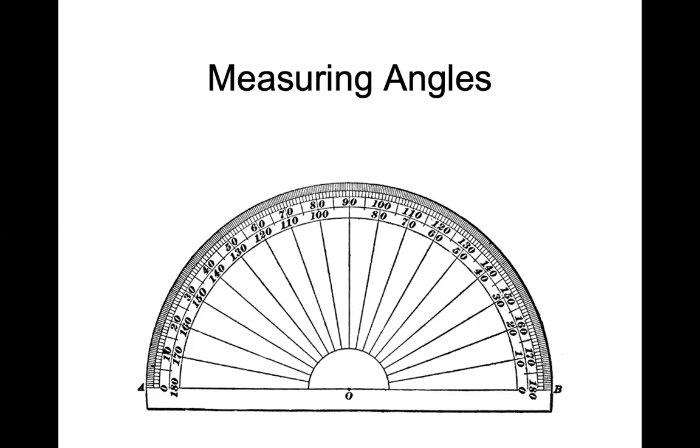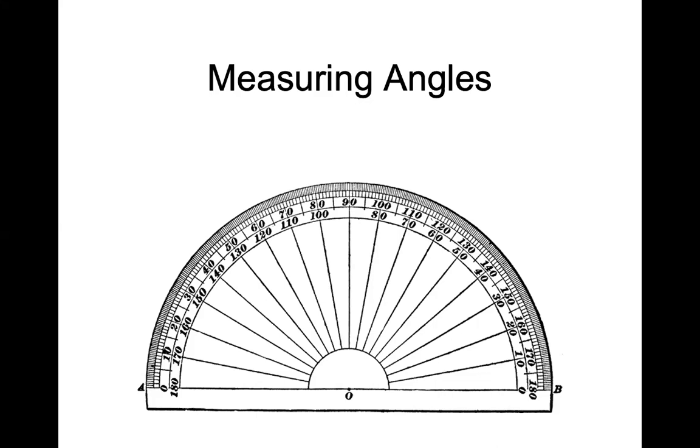Now, here's the thing that will kick everyone's butt. How many scales are on your protractor? There are two. Notice there's two sets of numbers, an outer one and an inner one. Both scales start at what number?